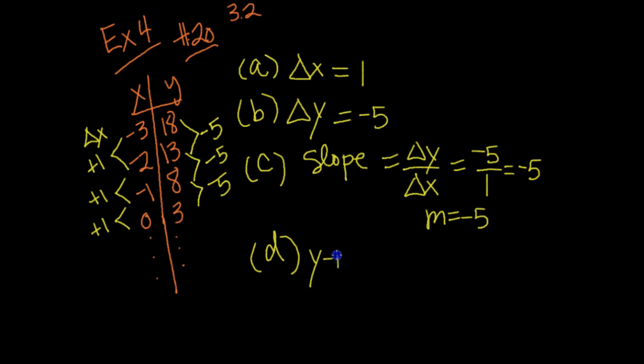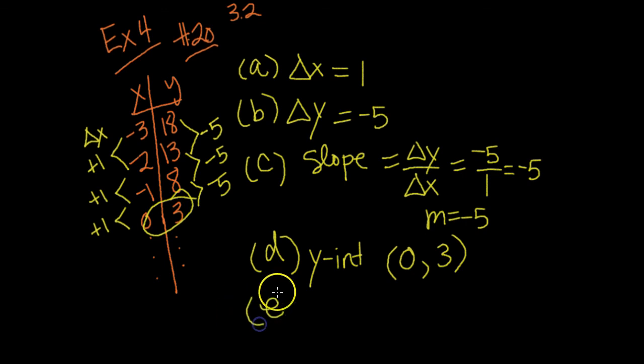D, it says the y-intercept of this line. Now what value, what input gives you 0? That's what you're looking for, because for the y-intercept, the x is always 0. 0, 3 is the right one, you can see it in the table. Okay, and part E is the equation of this line in slope-intercept form.